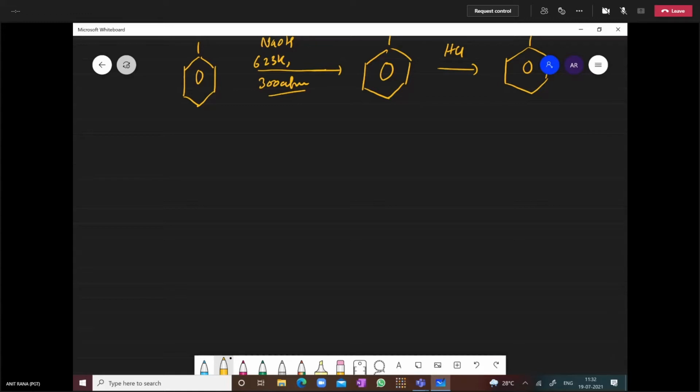Sandmeyer. All substitution reactions. SN1, SN2 mechanism. Electrophilic substitution reaction: nitration, halogenation, sulfonation, Friedel-Crafts alkylation.